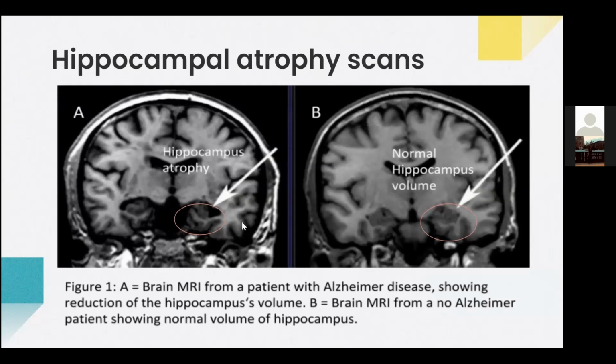As you can see in this A scan right here, the circled part is the hippocampus. And you can see that it's very tiny in the A scan compared to the B scan. In the B scan, it's fuller, and in the A scan, it looks like it has shrunk a lot. That's a clear example of how scientists can distinguish hippocampal atrophy in Alzheimer's patients.